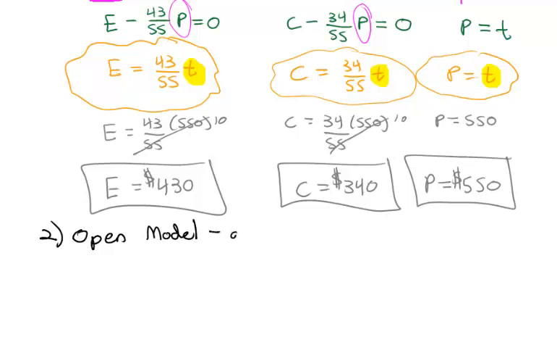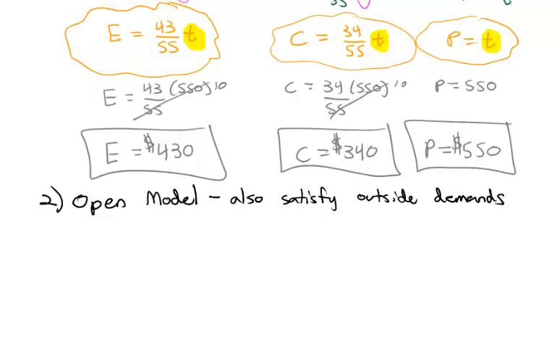The open model must also satisfy outside demands. And those outside demands, we're going to use the column matrix D to represent the amount of demand also put on the economy.